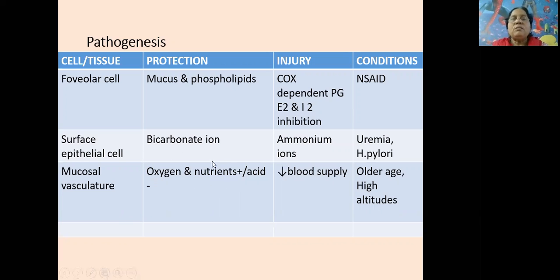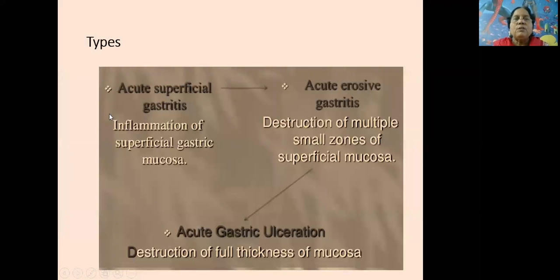So oxygen and nutrients are reduced, and because of that, the acidity overwhelms. Because all these protective mechanisms are lowered and the injurious events are happening, gastritis occurs.